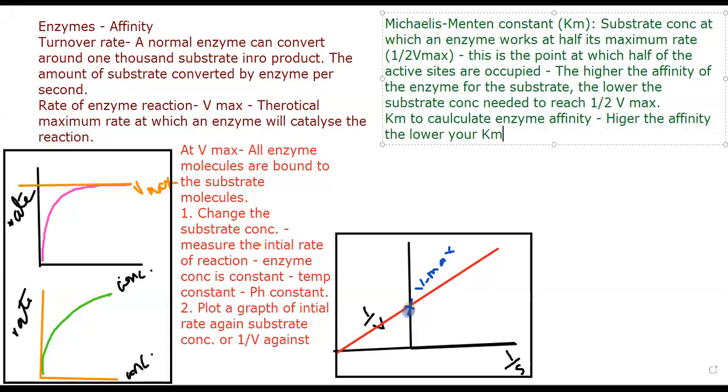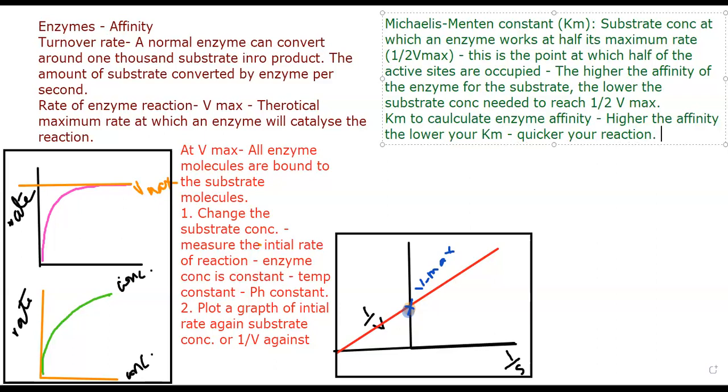Because like I told you guys, the higher the affinity, the less substrate concentration is required to reach half Vmax, because the enzyme has a strong attraction towards the substrate. Higher the affinity, the lower your Michaelis-Menten constant and the quicker your reaction. Faster my reaction is going to be.